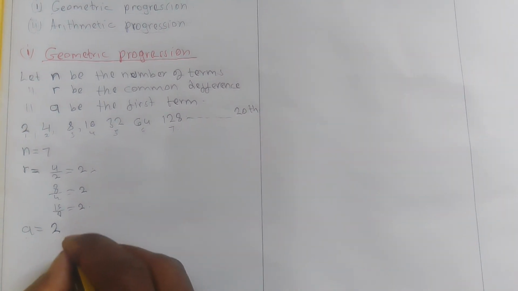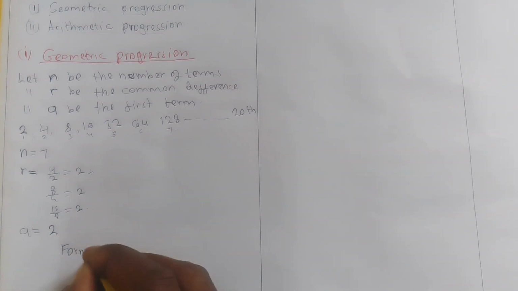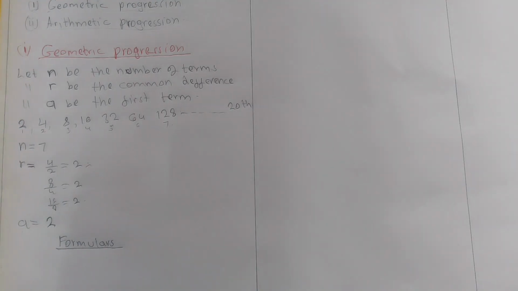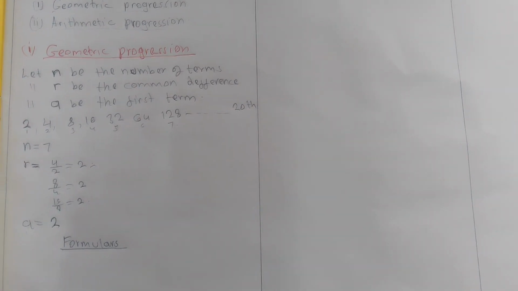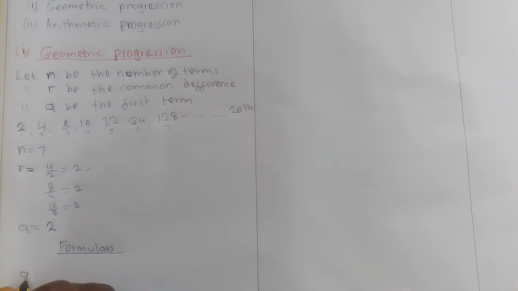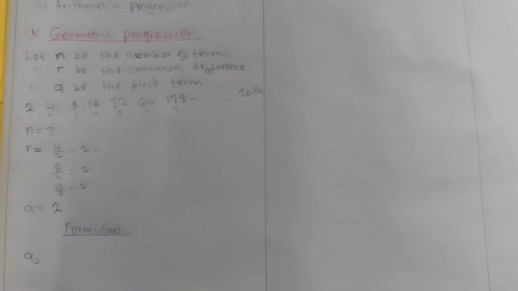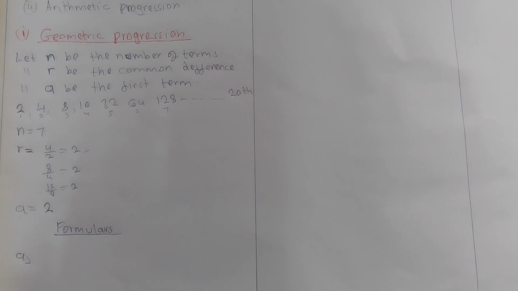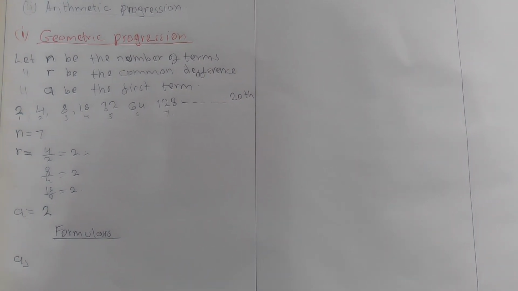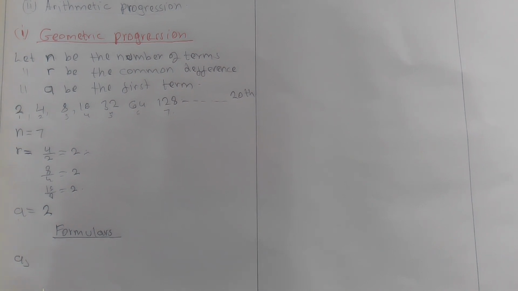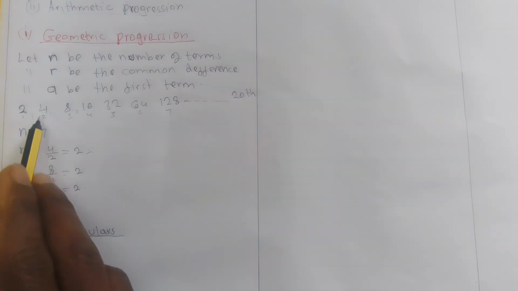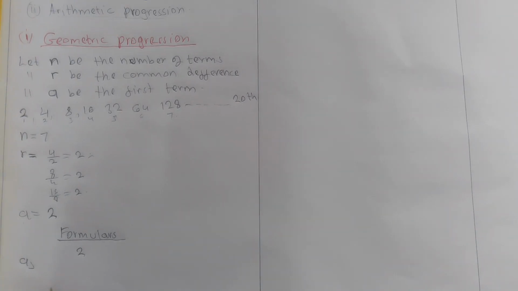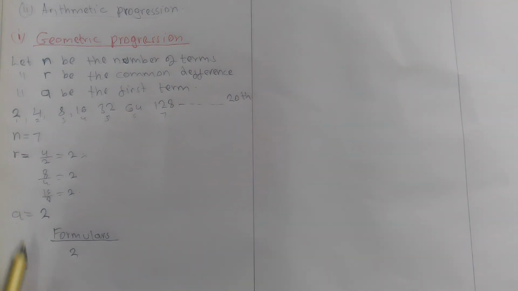So the formulas are, the first term is a. The second term, how can you get the second term if you have the first term and the common ratio? The second term, which is 4, will be 2 multiplied by the common ratio.